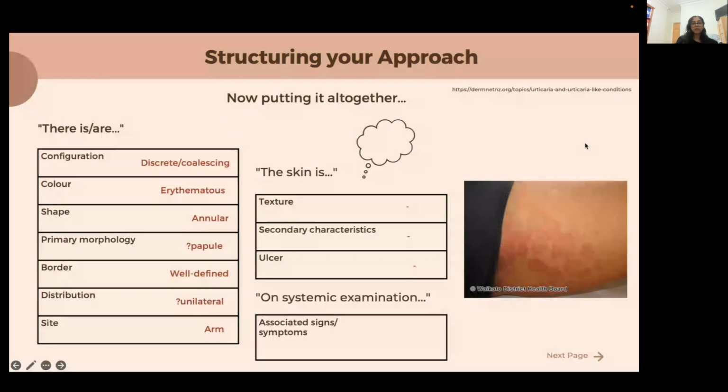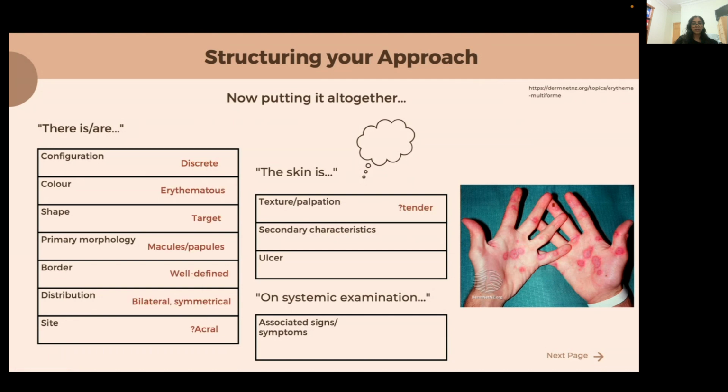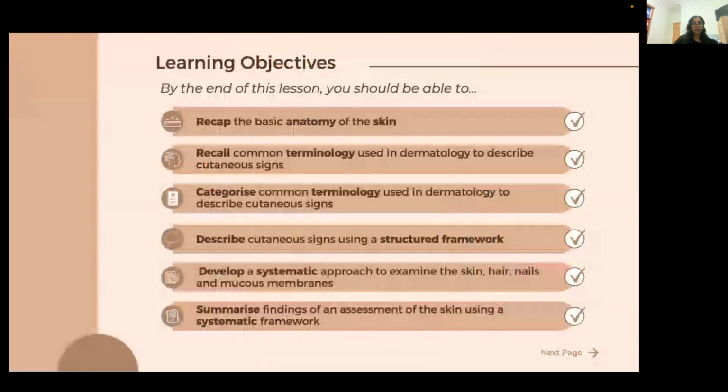So we could say these are discrete/coalescing erythematous annular papules, patches, plaques, whatever they are, with well-defined borders. It's unilateral and present on the arm. Okay, so I'll stop there. I'll just run through those. This is a patient with vitiligo, erythema multiforme.